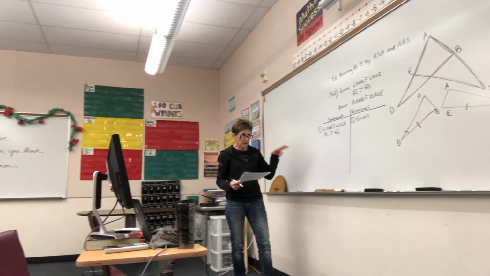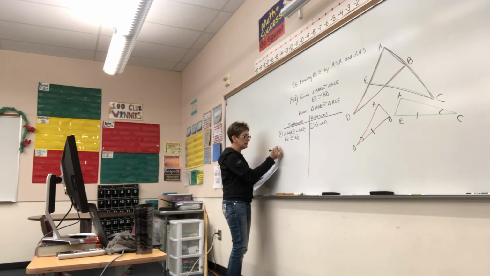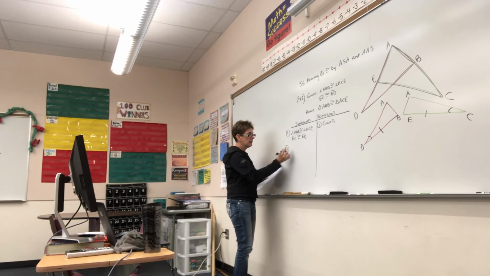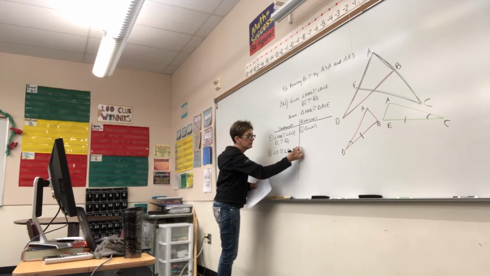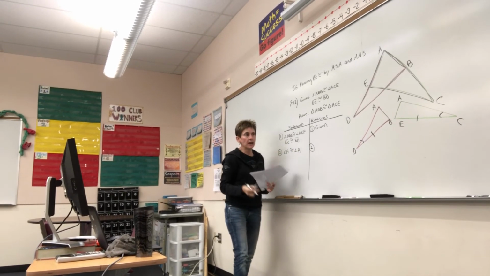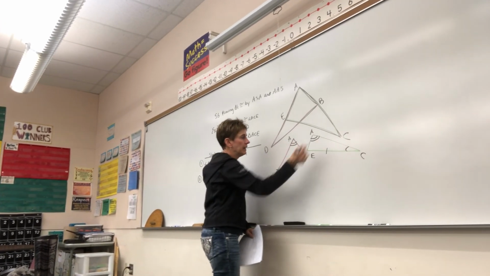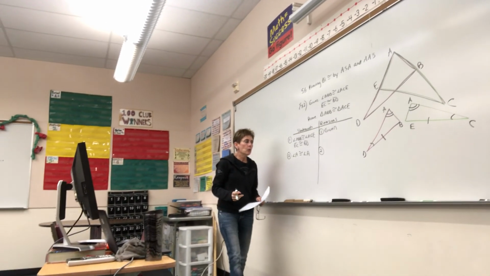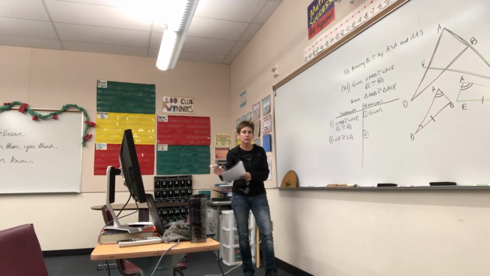Now, I'm going to write down a statement here, and I want you to tell me the reason. The statement is that angle A is congruent to angle A. And I'm going to show that in the diagram here. Angle A and angle A. What is my reason for saying that angle A is congruent to itself?